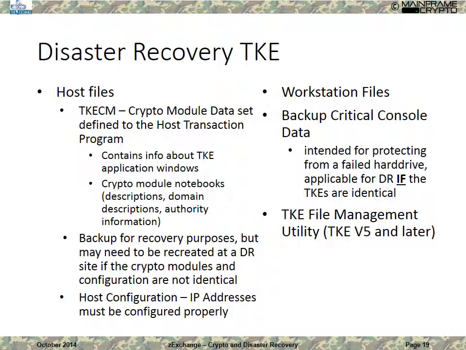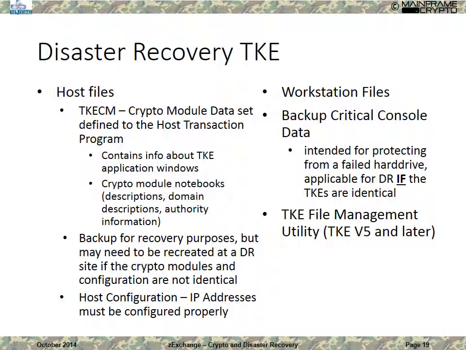That is the same hardware, the TKE 7.3 in both sites, and even down to the MCLs that are installed on the TKE. You can get away with different hardware levels on the CACs, having Crypto Express 3s in production and 4Ss in DR. But the TKE really needs to be identical, and backing it up and rebuilding that DR environment is much simpler if that's the case.